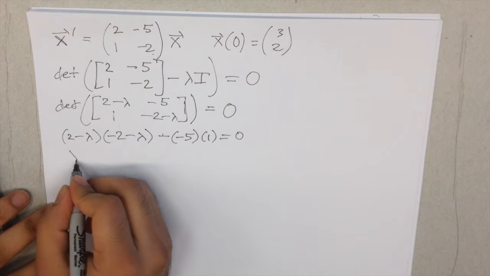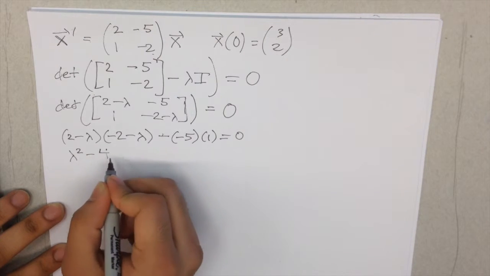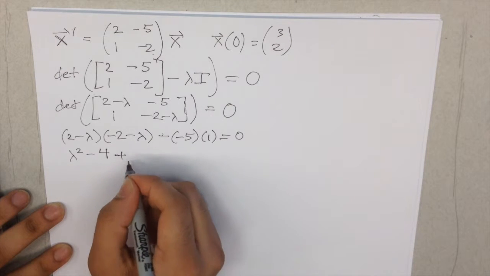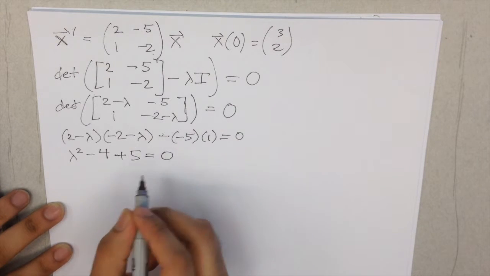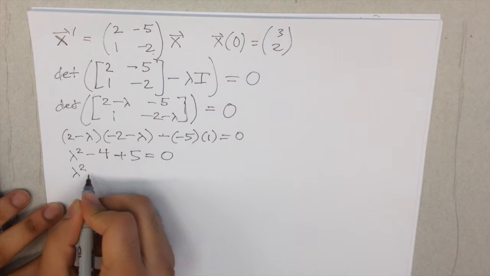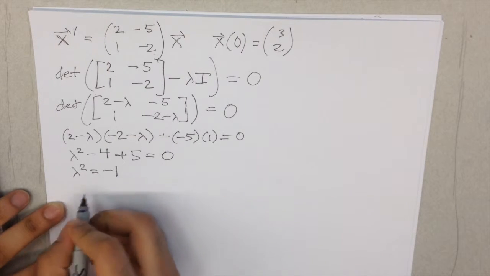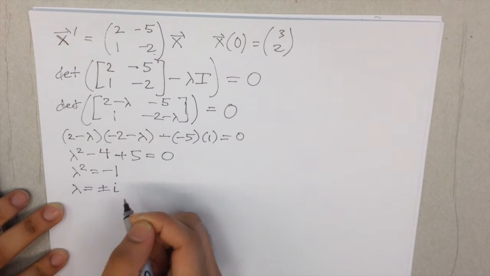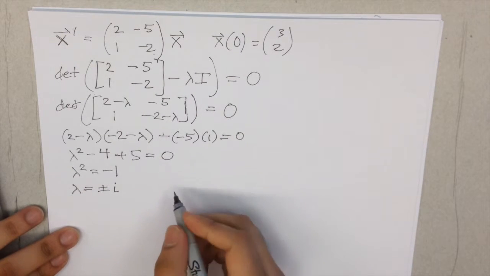We get lambda squared minus 4 plus 5 is equal to 0. We get lambda squared is equal to -1. So lambda is equal to plus or minus i. It's a pure imaginary solution.